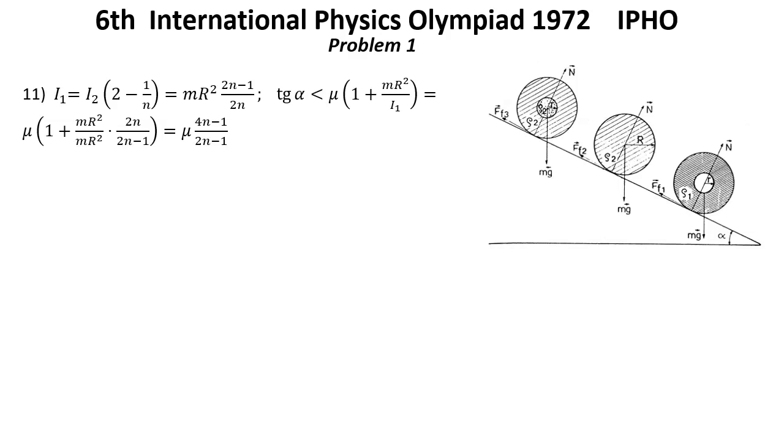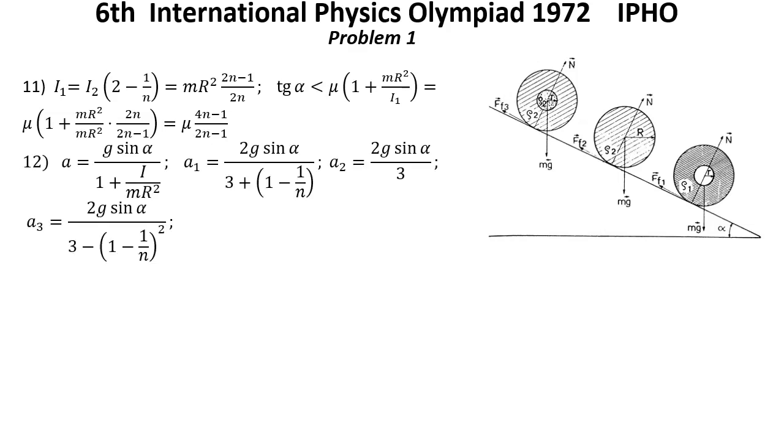It means that tangent alpha must be less than mu multiplied by 1 plus m R square over I1, which is equal to mu multiplied by 4n minus 1 over 2n minus 1.